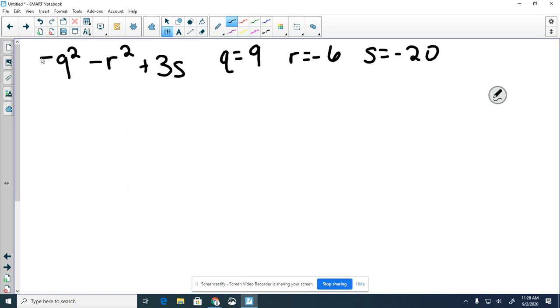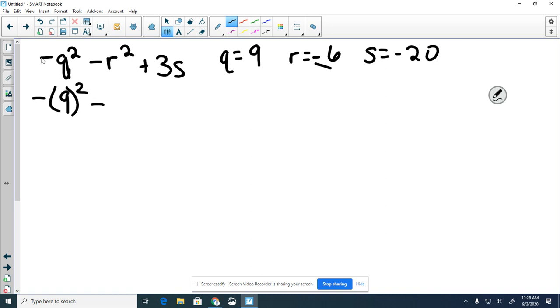Now, watch what I'm going to do on this one. Make that a q. This negative in front of q squared throws everybody off. That negative, if it's first, you write it first. The q, we take it out and put a 9. It should look like this. Negative parenthesis 9 close parenthesis squared. Subtract. R is the negative.